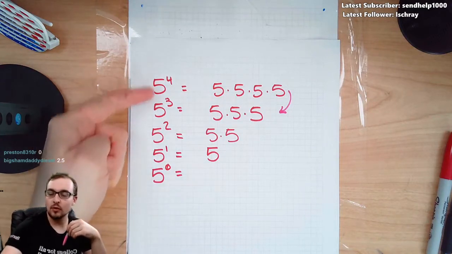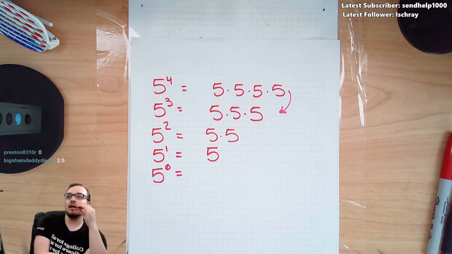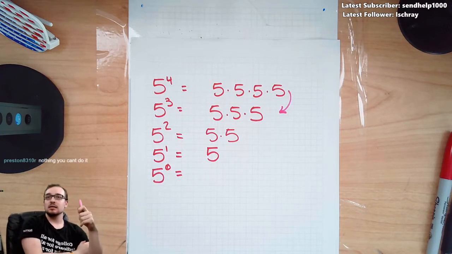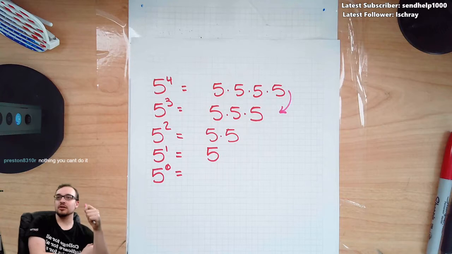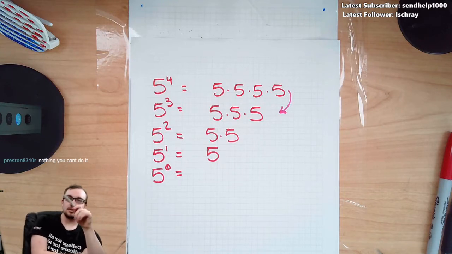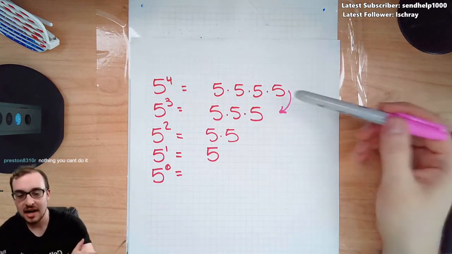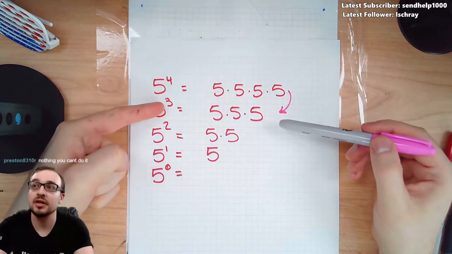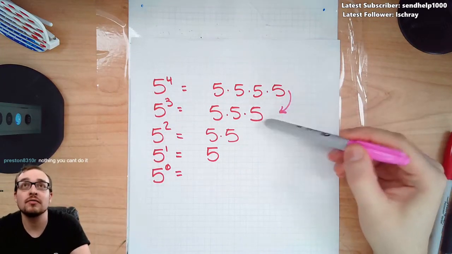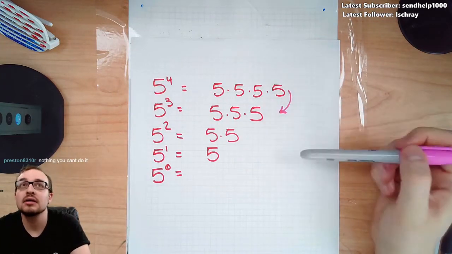Let's talk about what happened from 4 to 3. 5 to the 4th and 5 to the 3rd. What am I doing? Nothing. You can't do it. Nope. You can. It's a good thought. When I went from 4 to 3, the same thing should happen when I go from 1 to 0, right? So what did I do when I went from 5 to the 4th to 5 to the 3rd?